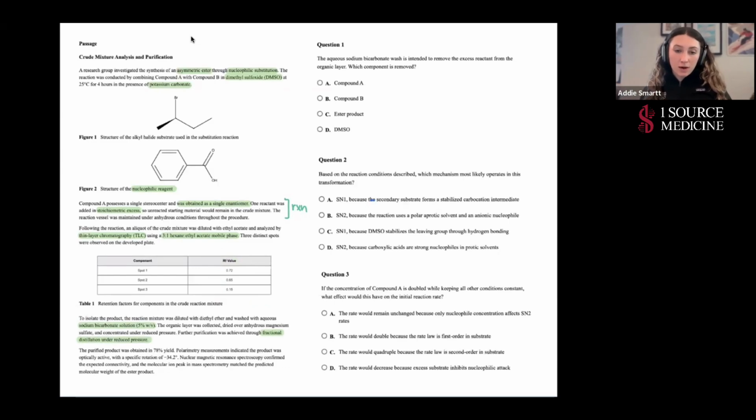Next, the purified product was obtained in 78% yield. Polarimetry measurements indicated that the product was optically active with a specific rotation of -34. So that tells me that we most likely did get a single enantiomer out of it, which we talked about previously, and that's its specific rotation. NMR confirmed the expected connectivity, and the molecular ion peak in mass spec matched the predicted molecular weight.